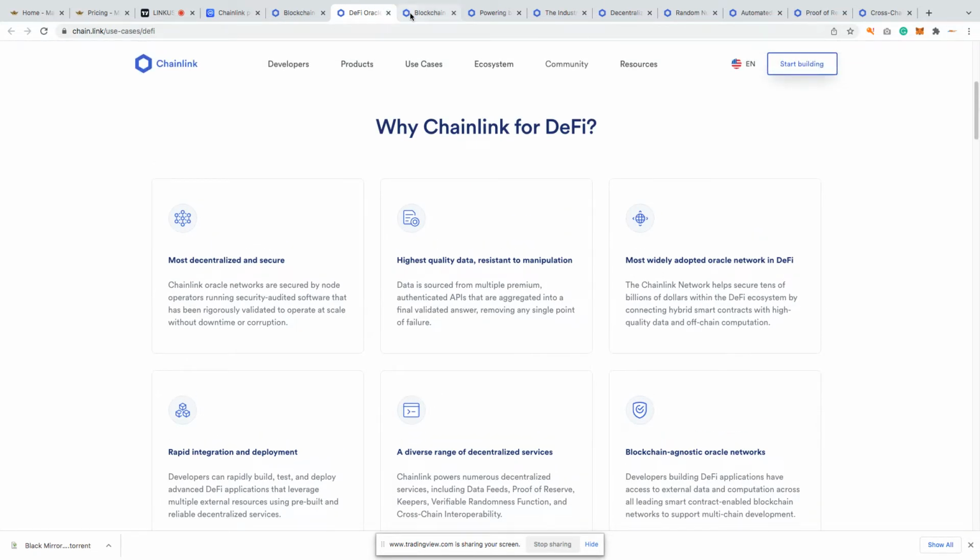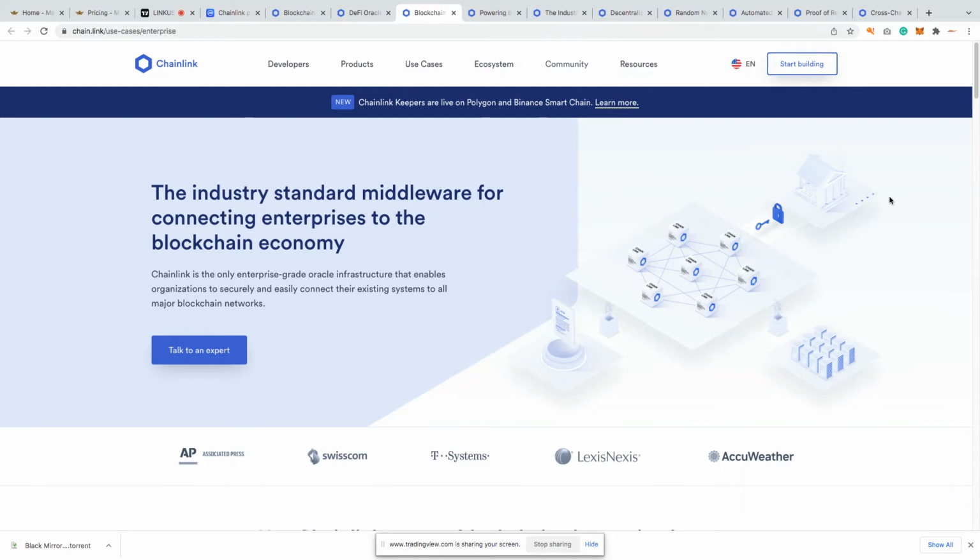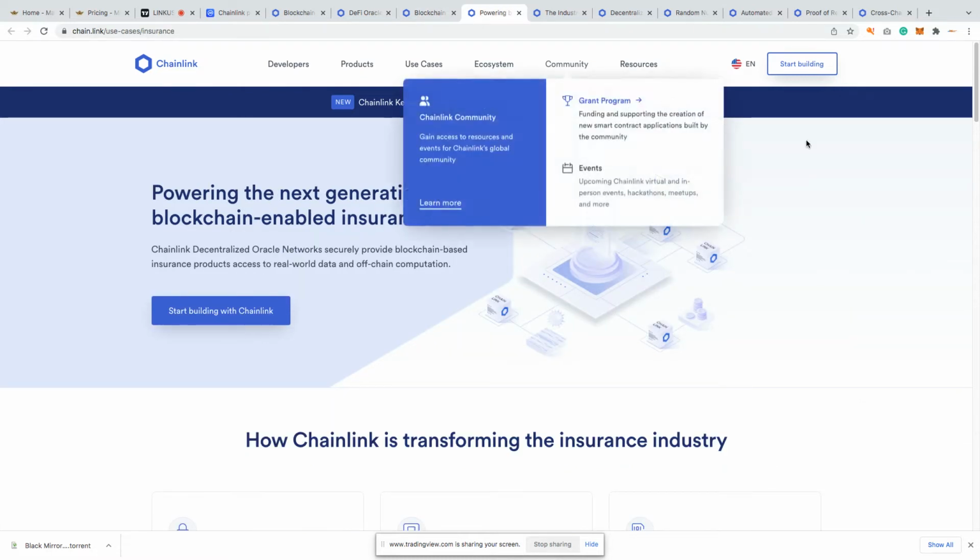Another thing they offer is that Chainlink is the only enterprise-grade oracle infrastructure that enables organizations to securely and easily connect their existing systems to major blockchain networks. So this is about connecting your existing system to any blockchain. It doesn't matter which blockchain you want to connect to.